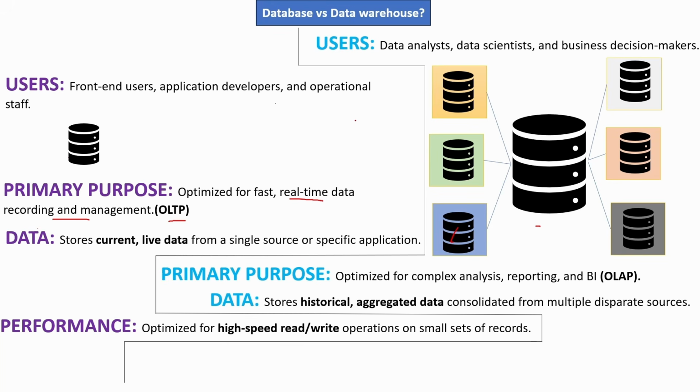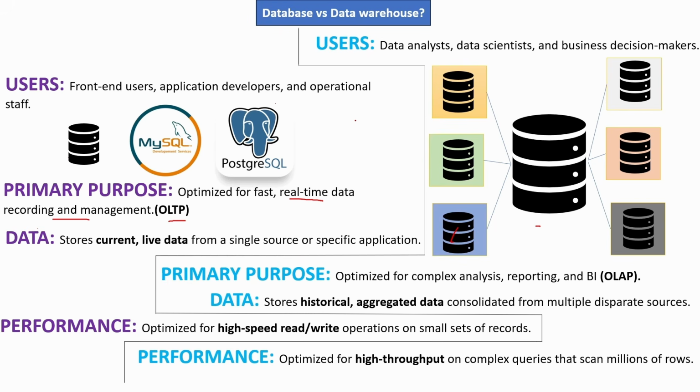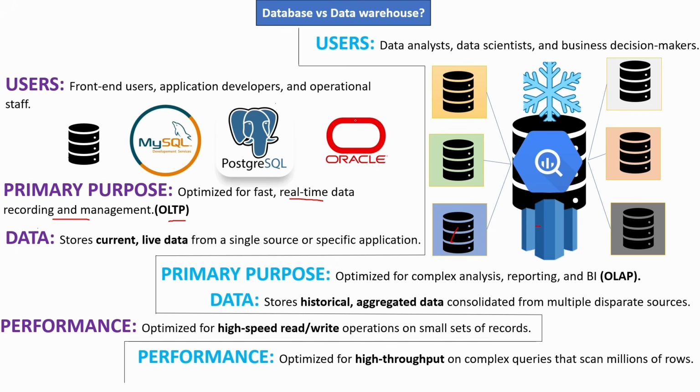So data warehouses are optimized for high throughput on complex queries that can scan billions of rows. Examples of databases are MySQL, PostgreSQL, Oracle, Microsoft SQL Server, and so on. Examples of data warehouses are Snowflake, Google BigQuery, and Amazon Redshift. That's pretty much the difference between database and data warehouse.